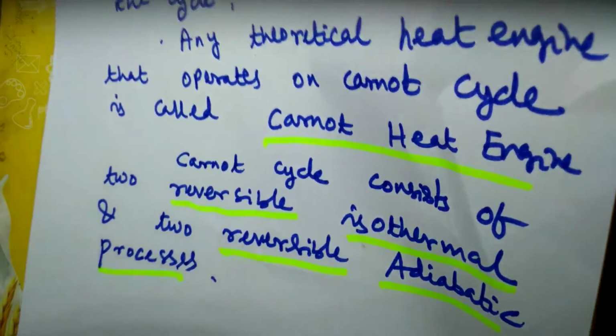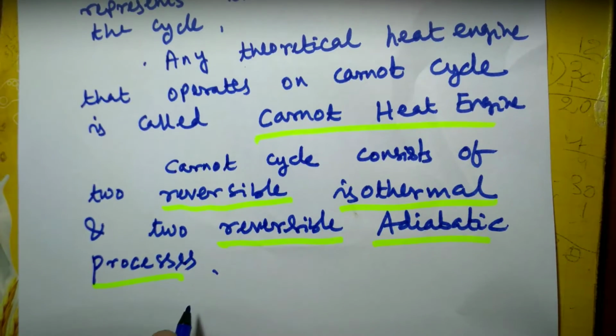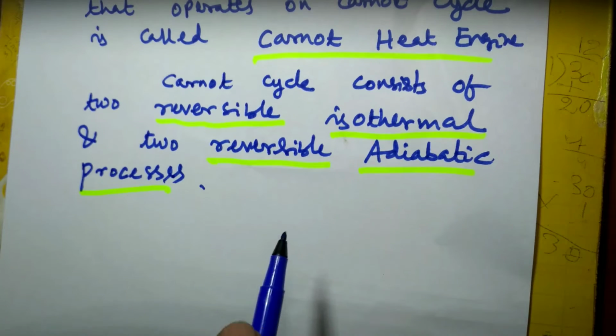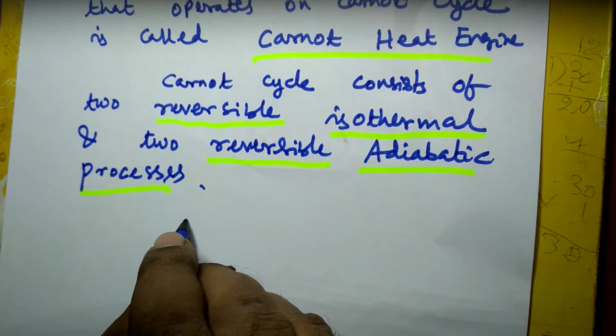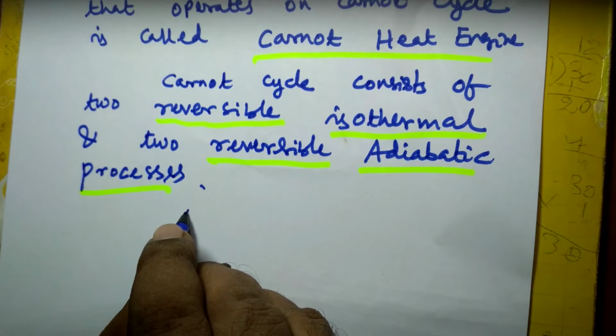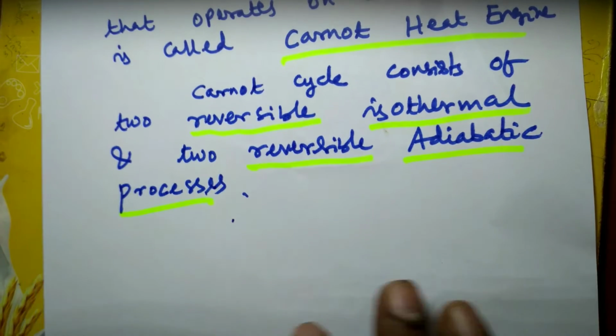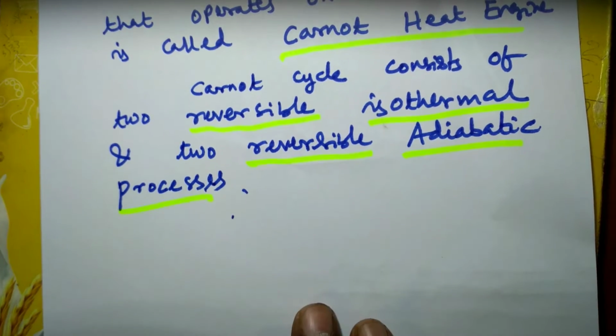So two reversible isothermal and two reversible adiabatic processes. Suppose this is the Carnot cycle.